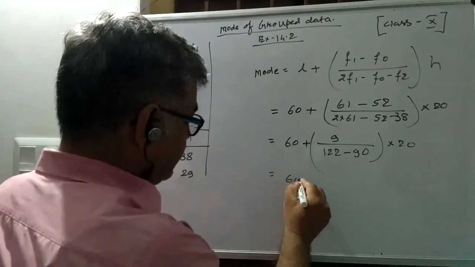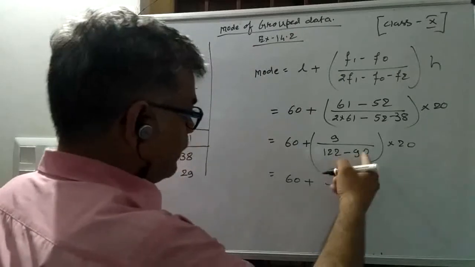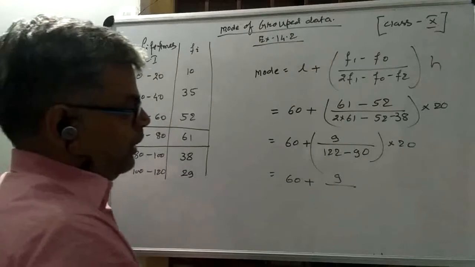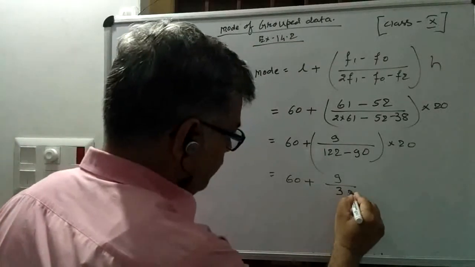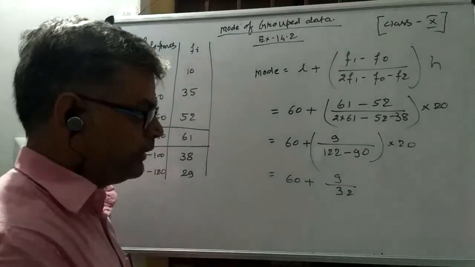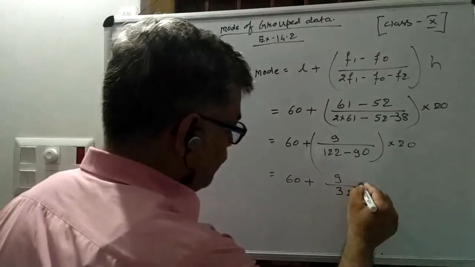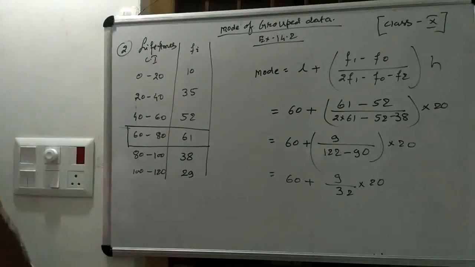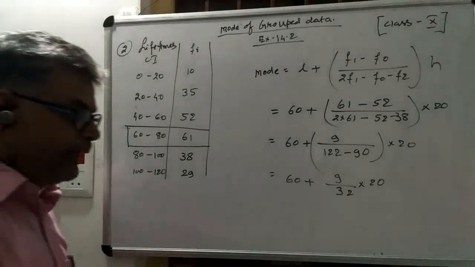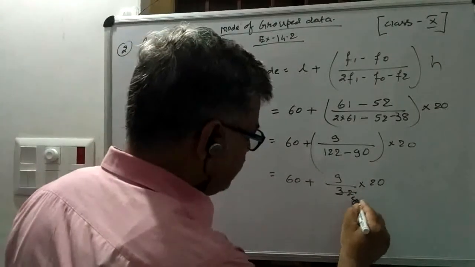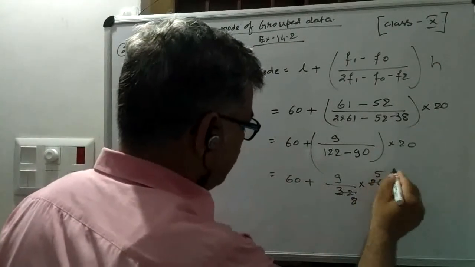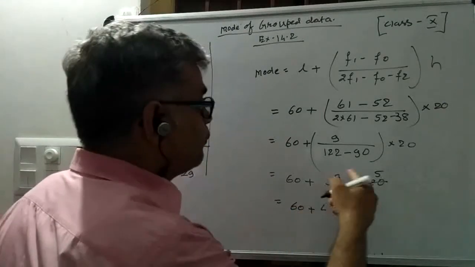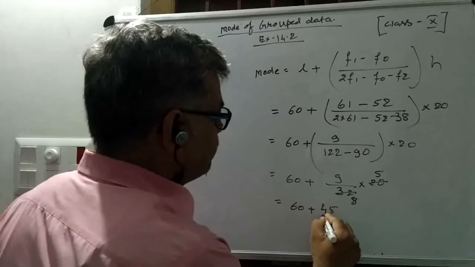So we have 60 plus 9 by (122 minus 90, which is 32) into 20. So now you have 20 into 9 by 32. It is better to cancel here: 4 eights are 32 and 4 fives are 20. So now you get 60 plus 45 by 8.